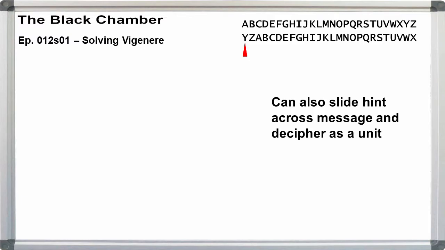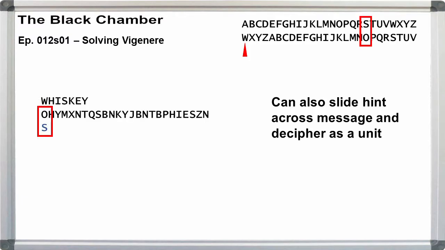Alternatively, we can slide the probable word across our message and decrypt the letters under it as a block to see if any readable text pops out.